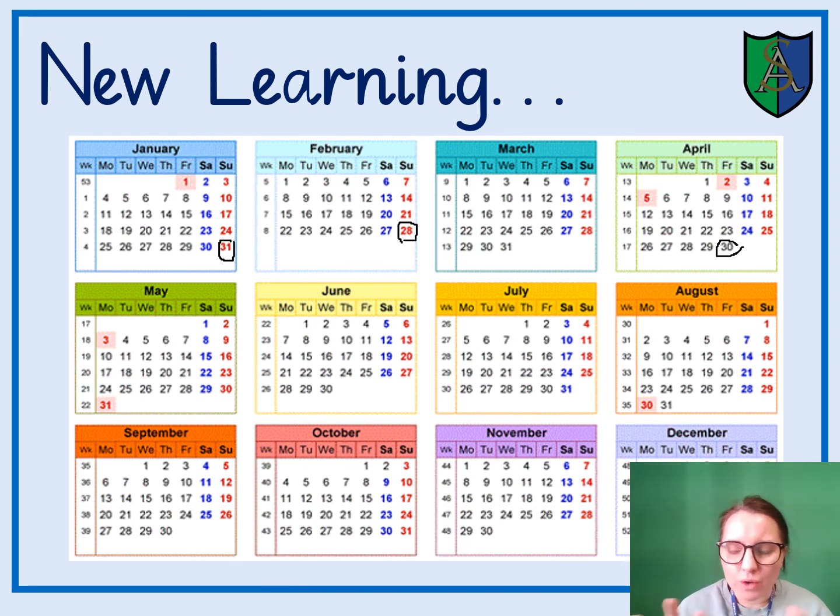So just like I've ordered the months of the year here, I would like you to do that in your main activity for today. Okay, also children, after you've ordered the months of the year, underneath you've got a few questions, like which month is the 3rd month of the year?